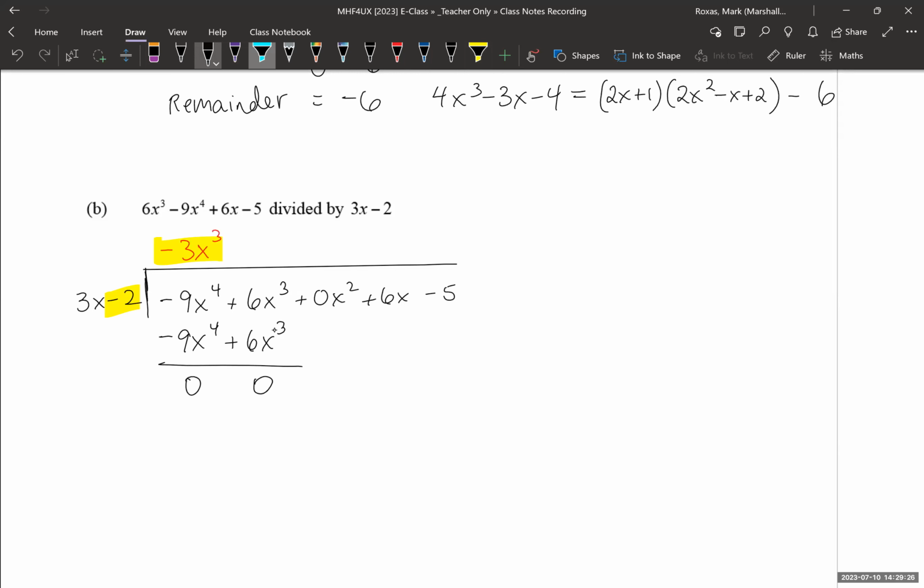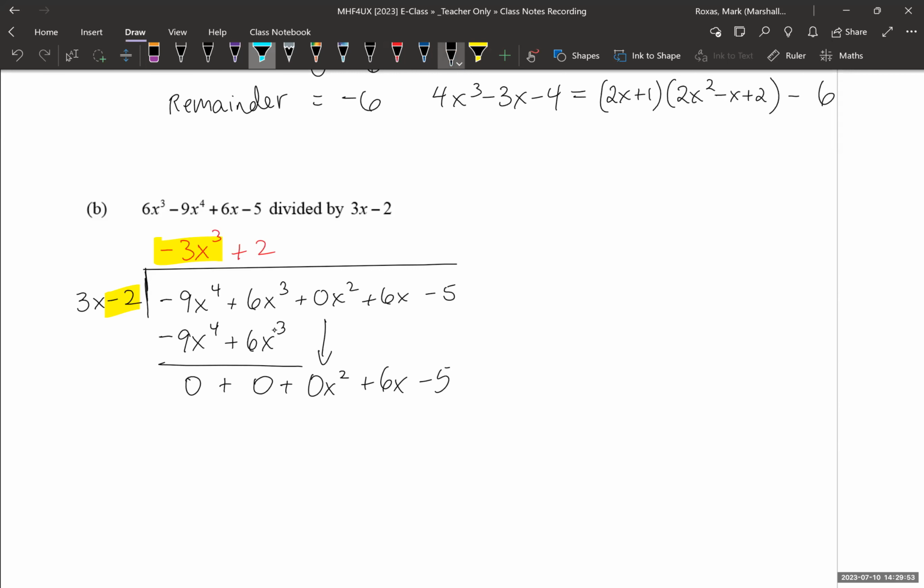Wow. Okay. Let's bring down the rest. 0x squared plus 6x minus 5. And really, I don't really care about the 0x squared at this point. The question is, well, 3x times what gives me 6x? That's going to be plus 2. So let's put a plus 2.